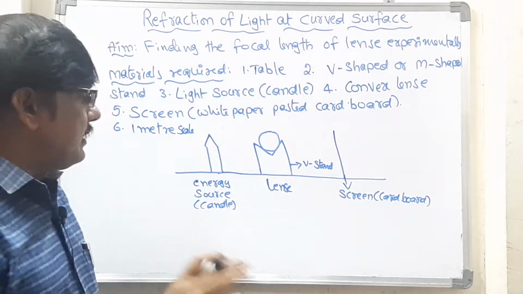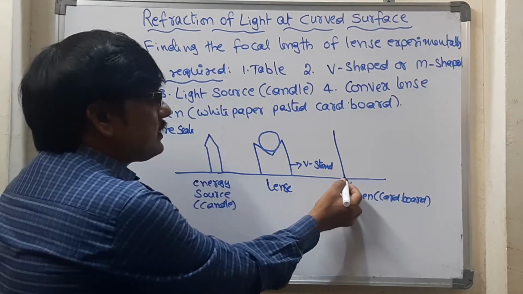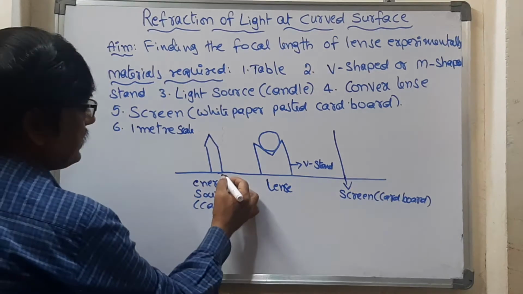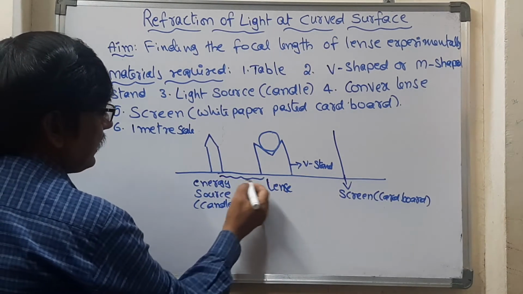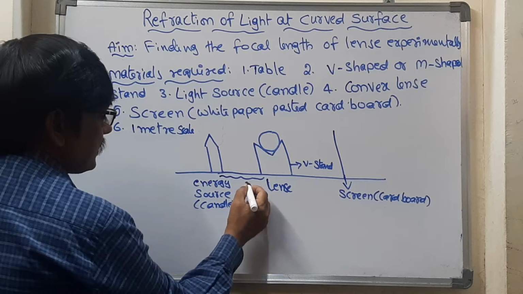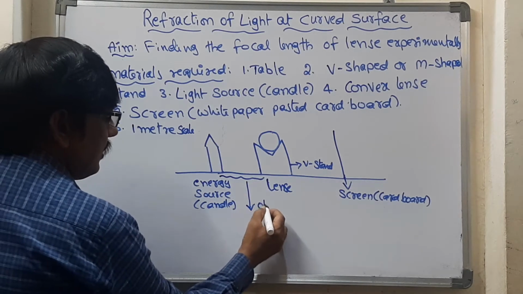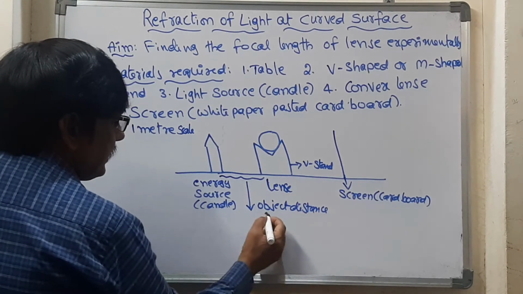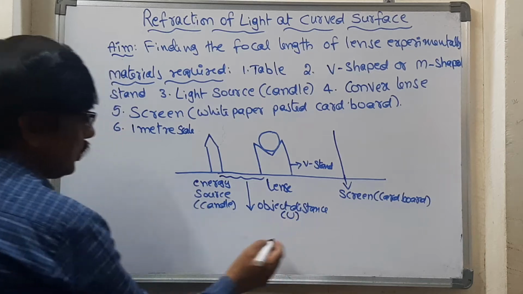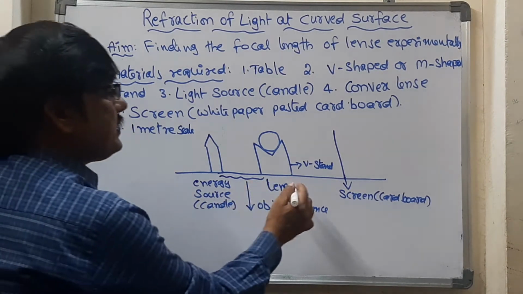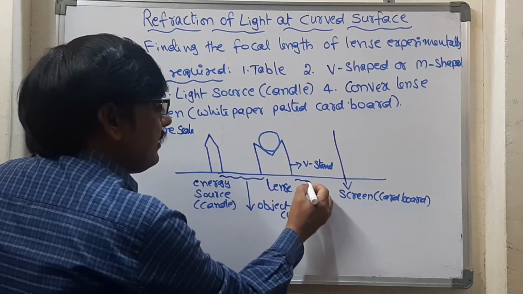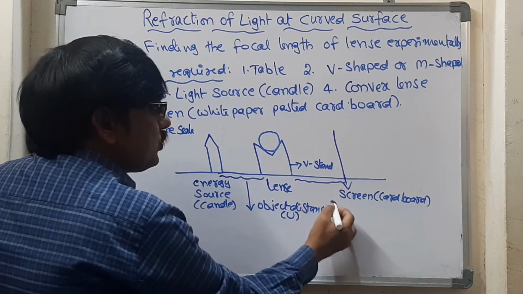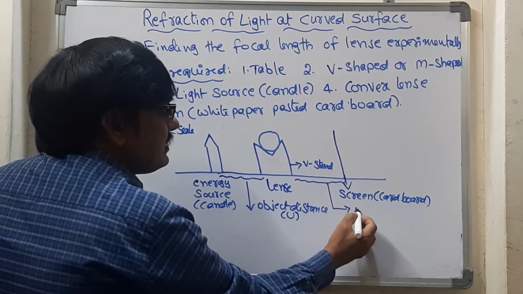Okay, for example, we have placed the object here and at this place itself you got the sharp image on the screen. Then the distance between the object and the lens is called the object distance. This object distance is generally represented with the letter U. And the distance between the lens and the screen, where the image is forming, we are calling the image distance.